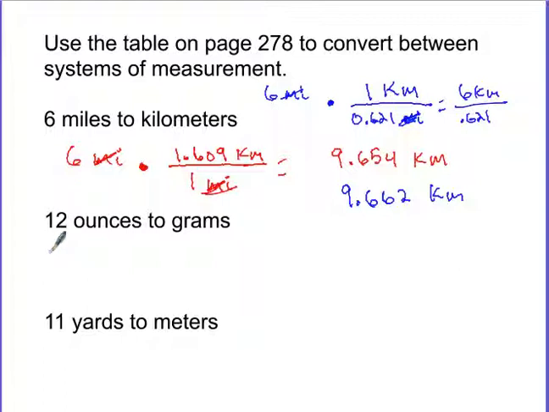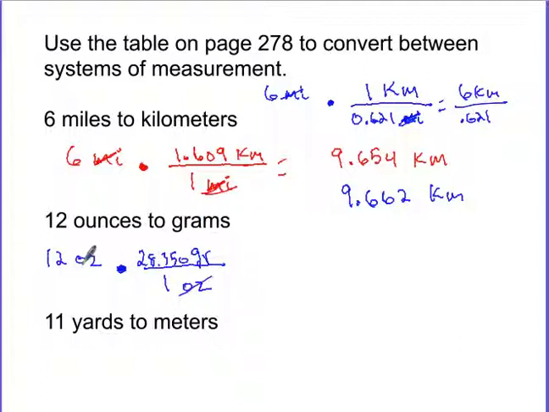So let's set up a couple more of these. 12 ounces to grams. I want to start out with 12 ounces and multiply by something that has 1 ounce compared to grams. So how many grams is 1 ounce? 28.350.